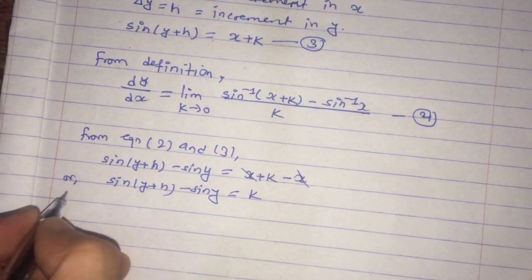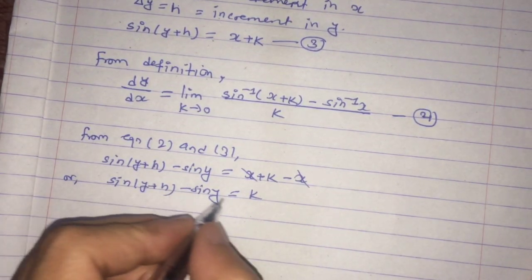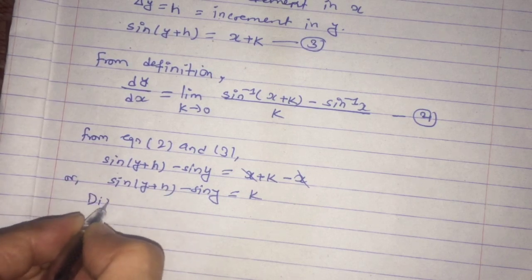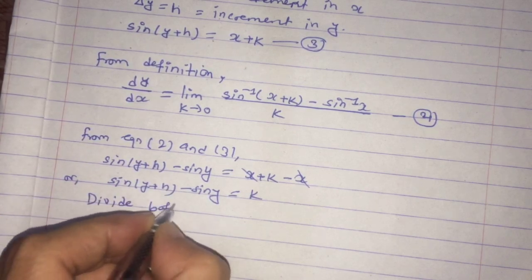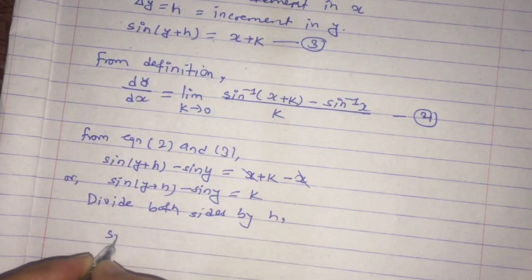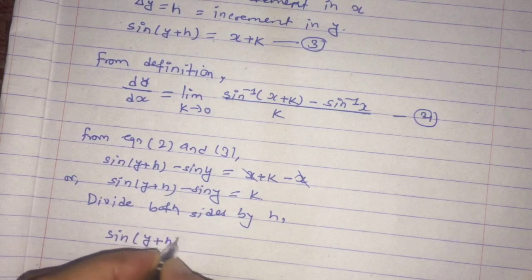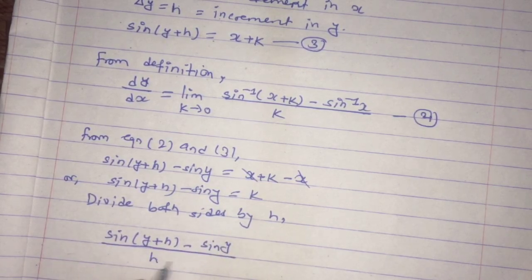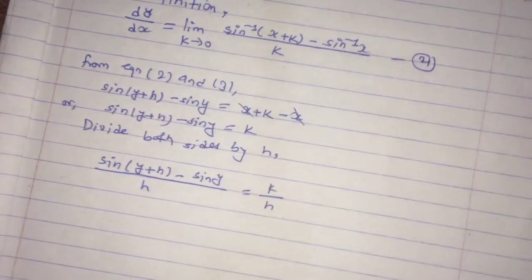Now on the left hand side there is h inside sine, so divide both sides by h. We get sine of y plus h minus sine y, whole divided by h, is equal to k divided by h.